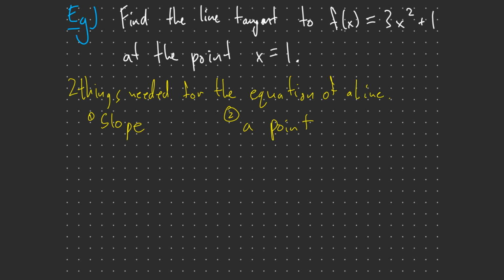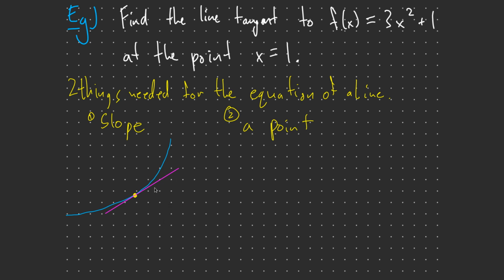So if you remember, conceptually, a tangent line just takes a curve, right? And you pick a point on that curve, and you get a line tangent to that curve at that point. So you get something like this.